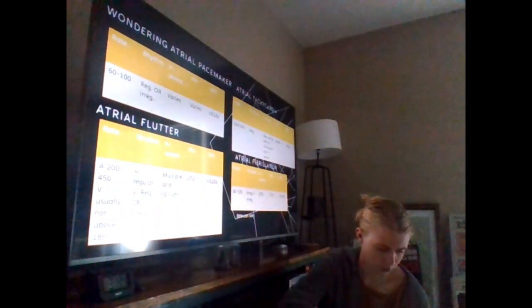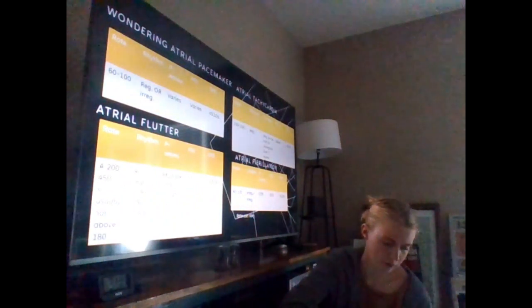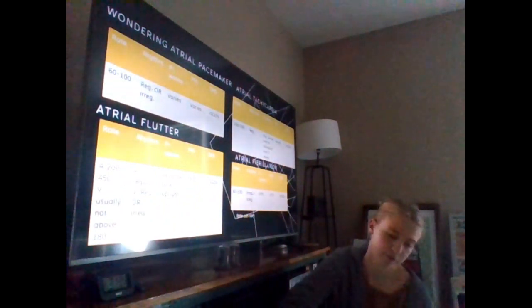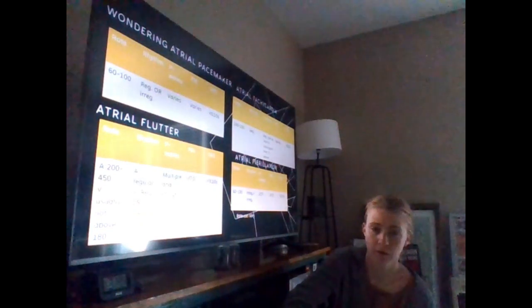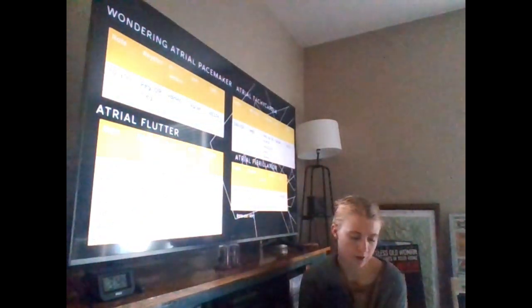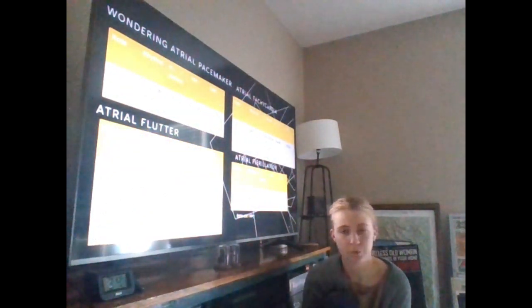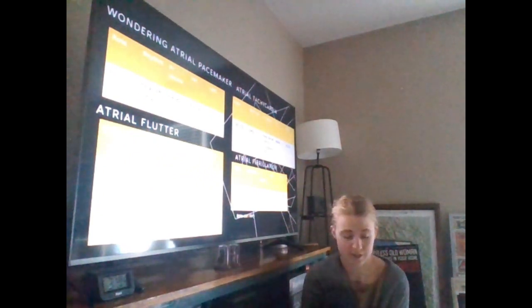And then you have your atrial tachycardia. That is a rate between 150 and 250. Everything else on that is going to be very similar to a sinus tach.